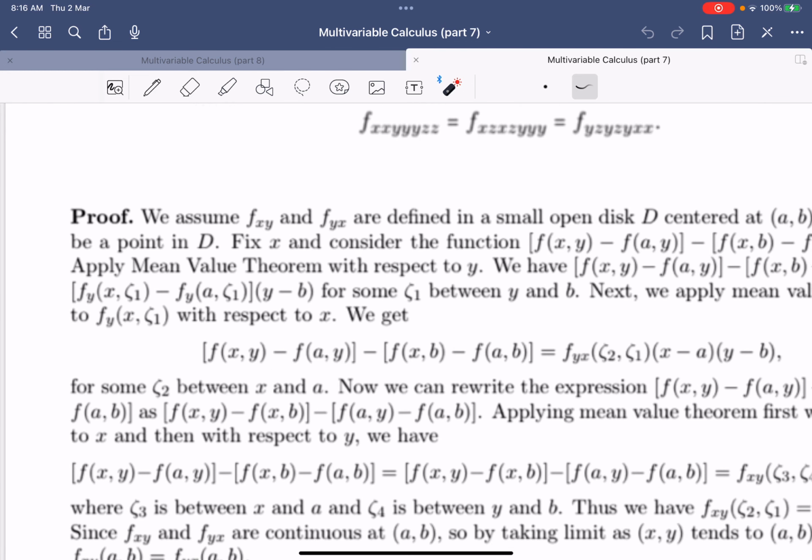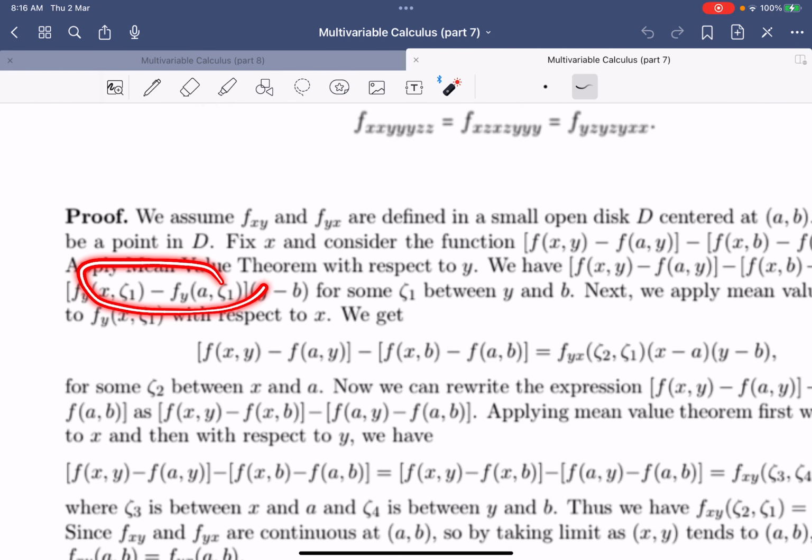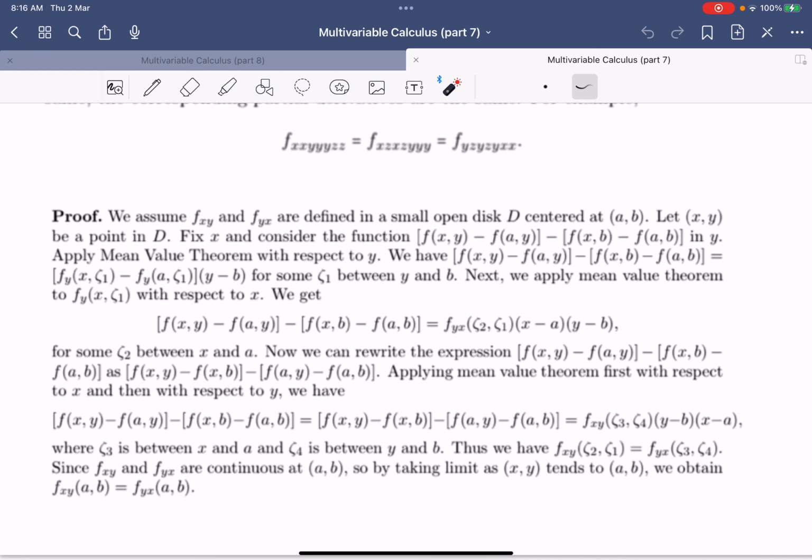So what this means is that you first use the partial derivative to get this times y minus b. Then you use the partial derivative again for this fy with respect to x in this case, because now you can see that this y part is constant, so you just want to vary the x part, so you get the following.